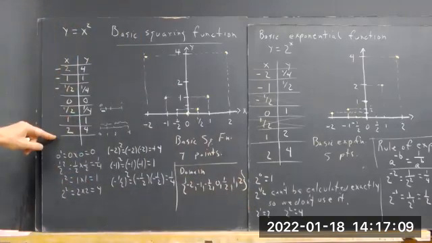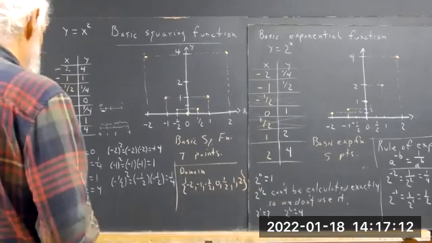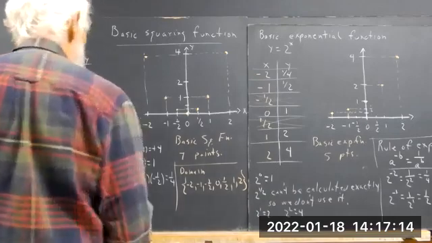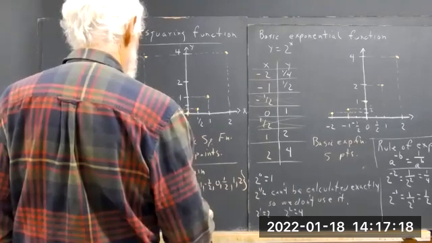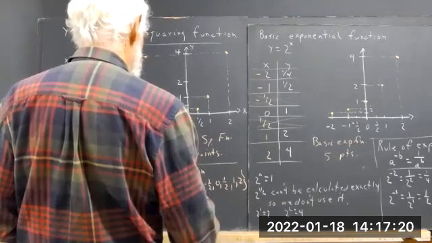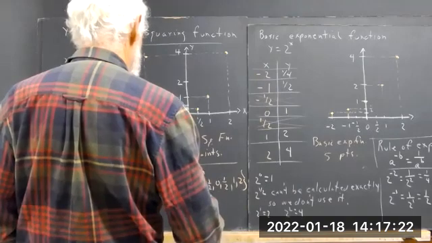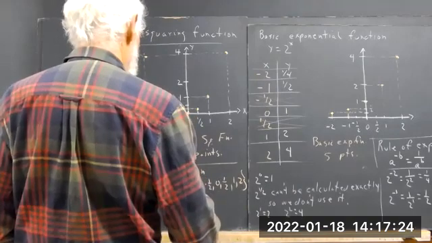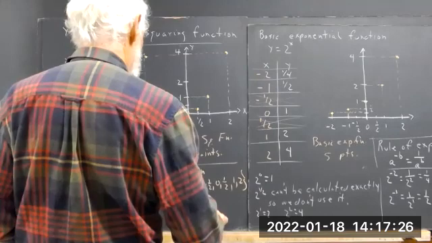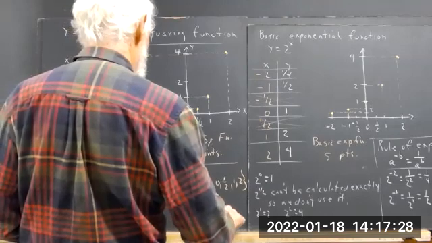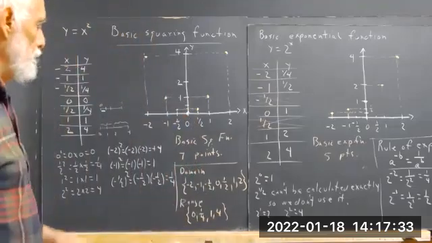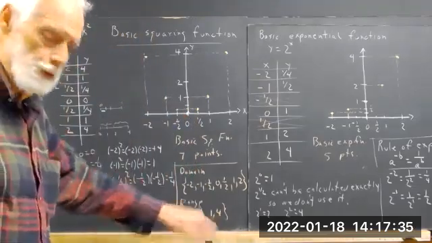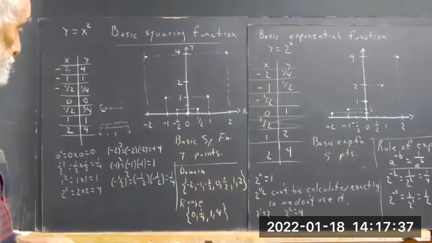Here's your domain. Your range is a set of numbers, 0, 1/4, 1, and 4. Your range is a set of values that the function takes.